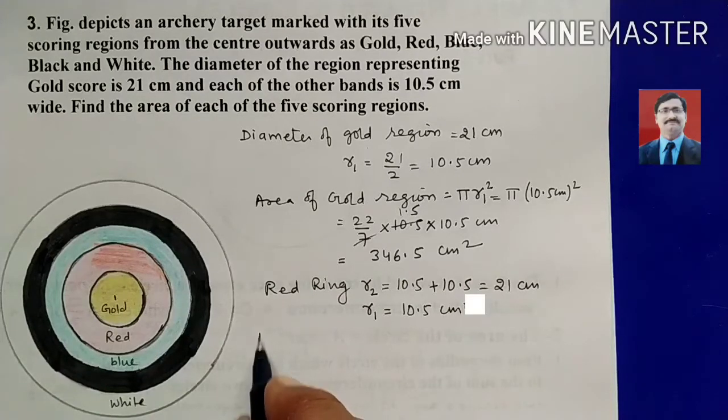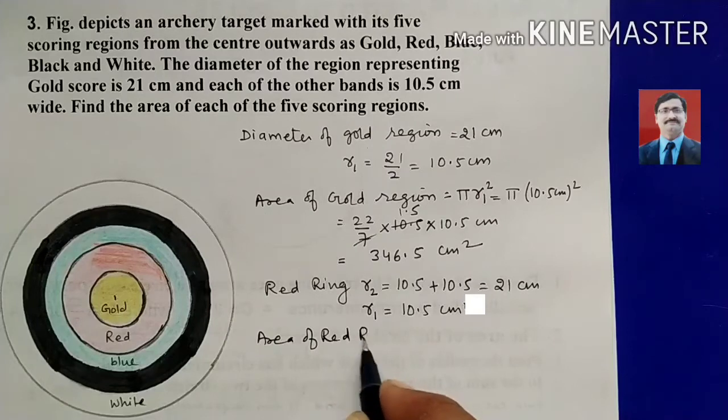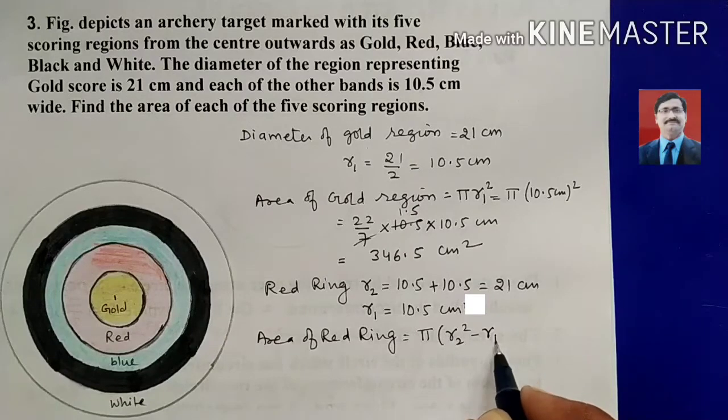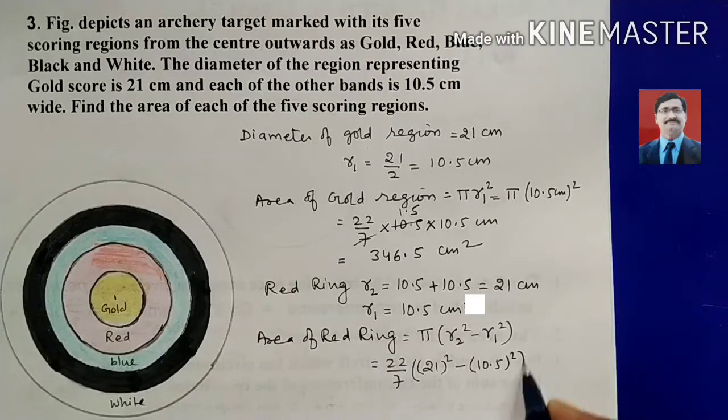Know that the area of the red ring is equal to pi times r2 square minus r1 square, and pi is 22/7, r2 is 21 centimeter square minus r1 which is 10.5 centimeter square. Centimeter square we take outside.